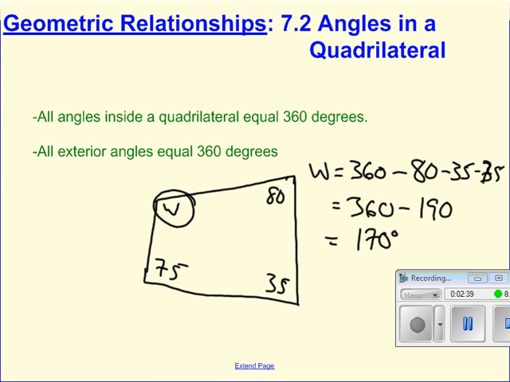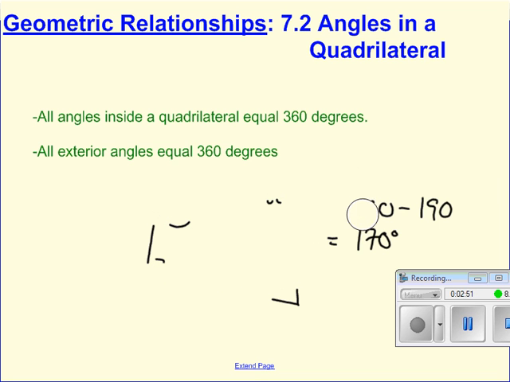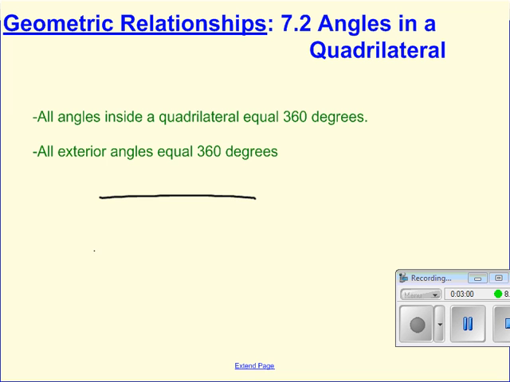Now there's a couple of interesting things that happen when we look at a quadrilateral made from parallel lines. So if I have two parallel lines like so, and I'll have a line here and a line here. So this is parallel to this line.